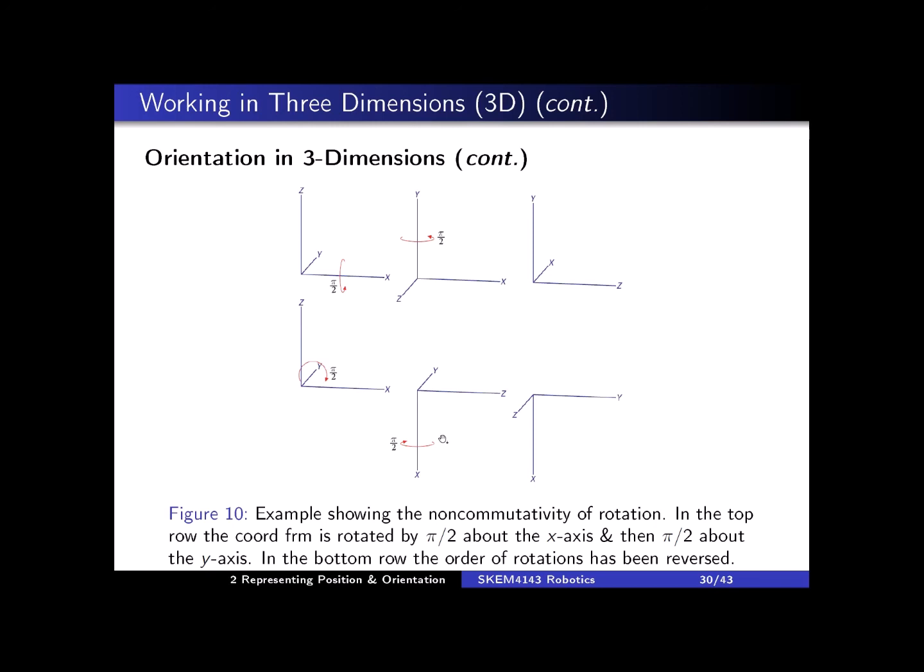And then if I rotate 90 degrees about X, positive, Z goes here and Y goes here. And the resultant coordinate frames are different. So the point here is that the sequence of rotations plays a role, and they might result in different orientations. So you have to take note of that.